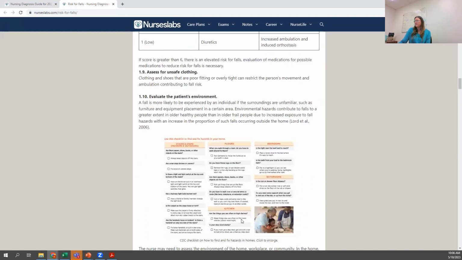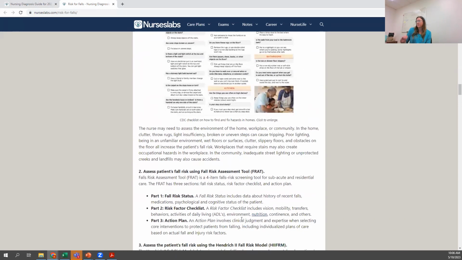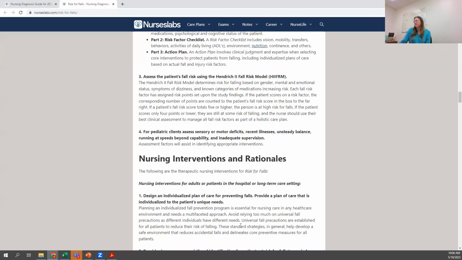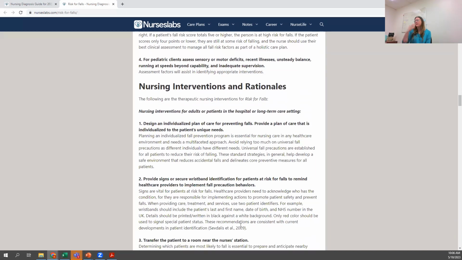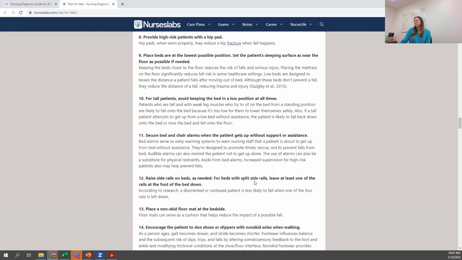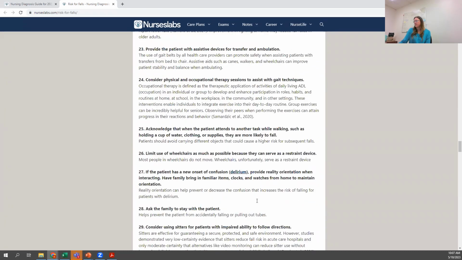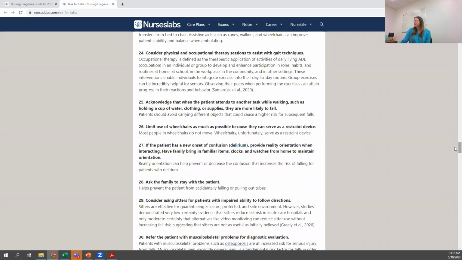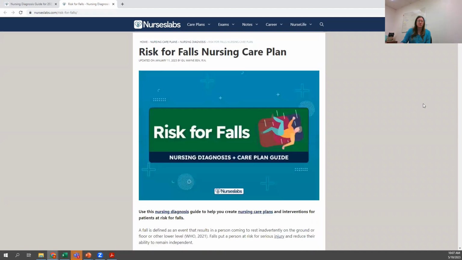There are interventions and rationale too. You can pull out different things from here, just like you would out of the book. It's a really fun little resource that we found yesterday that I would encourage you to look through as you're starting to build your IHPs as well.